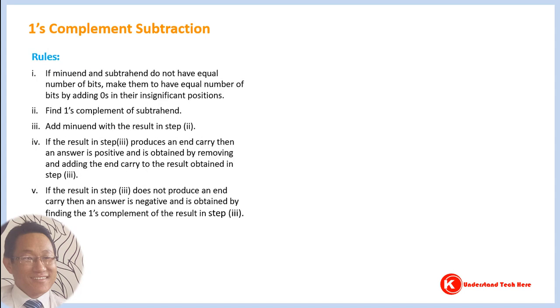Okay, let's take an example and let's say we are given this to subtract. Let's try to apply rule 1. This part is called minuend while this part is called subtrahend. There are 6 bits in the minuend and only 5 bits in the subtrahend, so the number of bits are not equal.